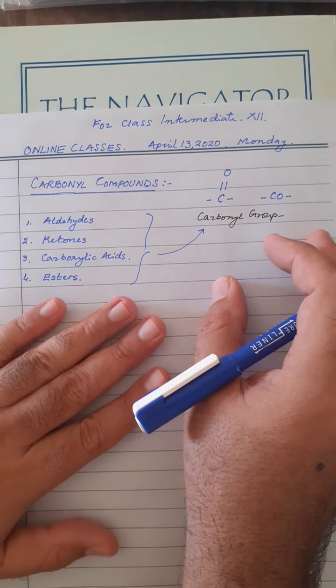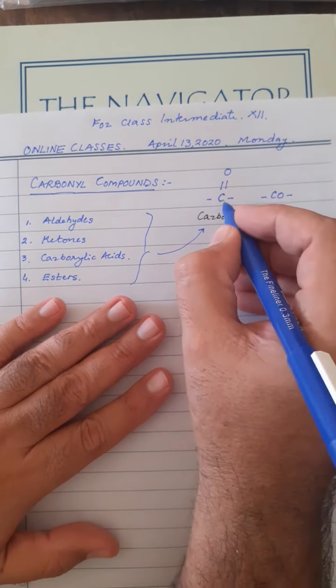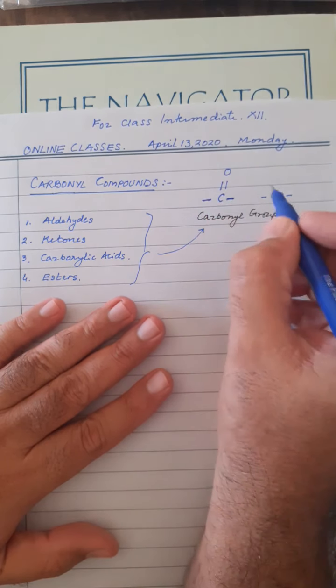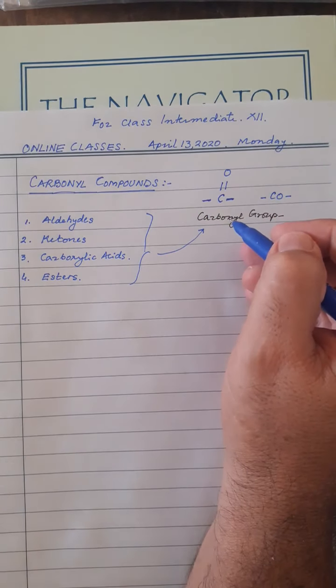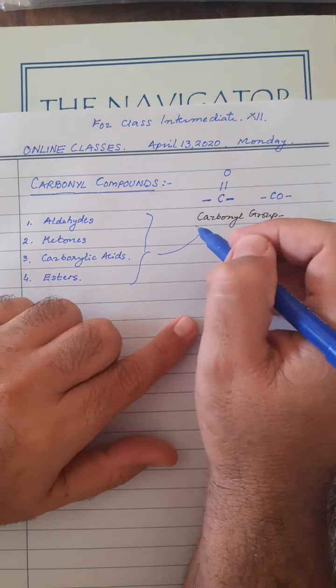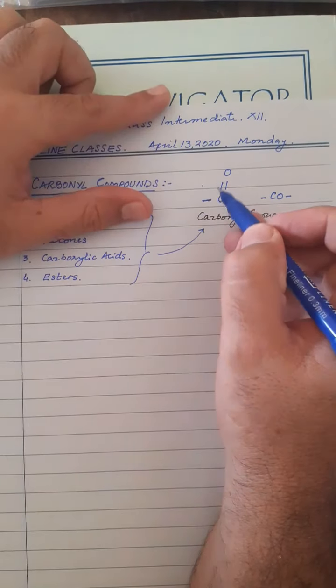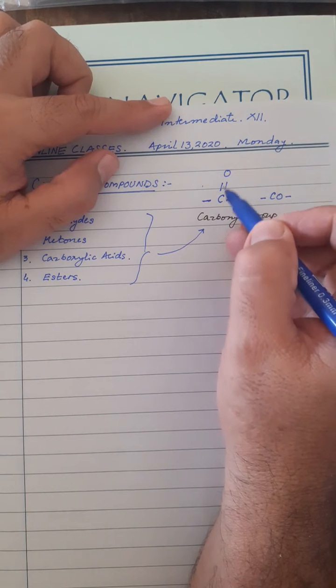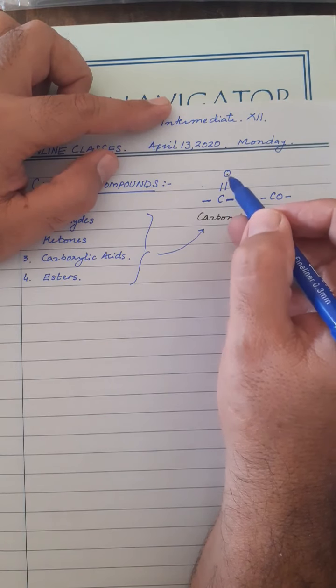Now, the differences are based on these two valencies. You know that carbon is a tetravalent element. Carbon can make 4 bonds. So in the carbonyl group, carbon has made 2 bonds with oxygen, sharing the 2 electrons or overlapping via sp2 hybridization.